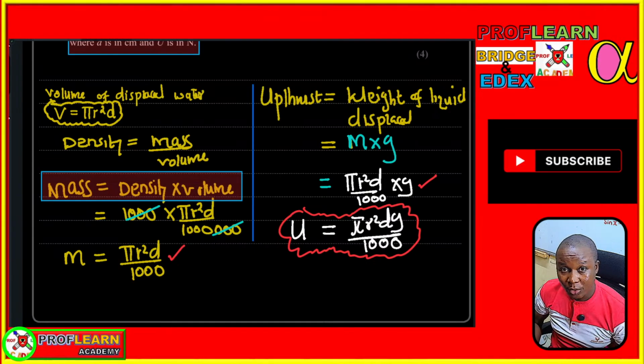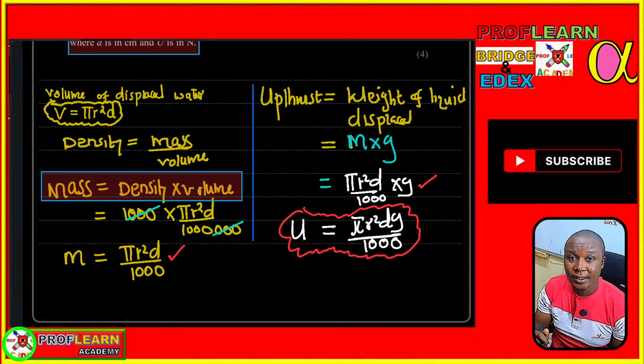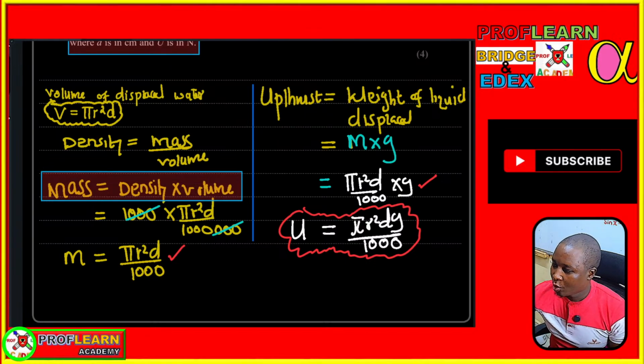This was 2020 January. So 2021, 2022, 2023, and 2024 up to 2025, questions to derive have not really been so prominent. But what I mean is, if the examiner tries to misbehave and brings a question like this, be ready to tackle it and be ready to do well.